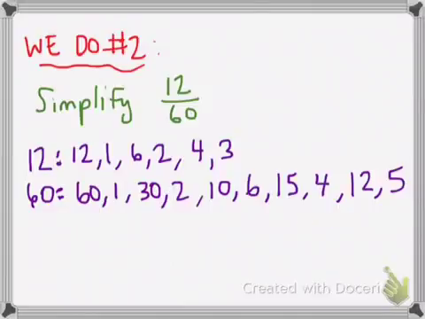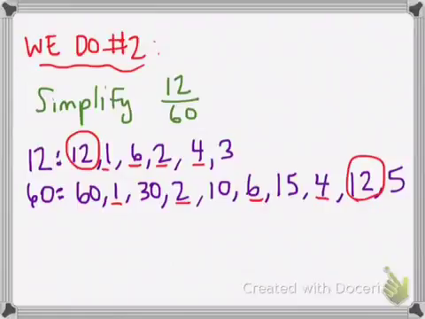And then step 2, it says determine the greatest common factor. So here they have 12 in common and 12 in common. They also have 1 in common, 6 in common, 2, 4, and then 3 we forgot.